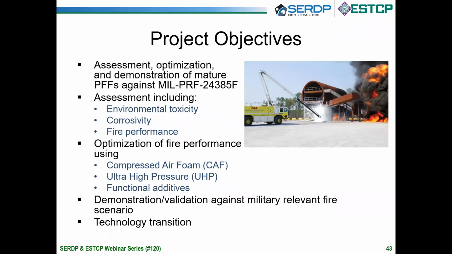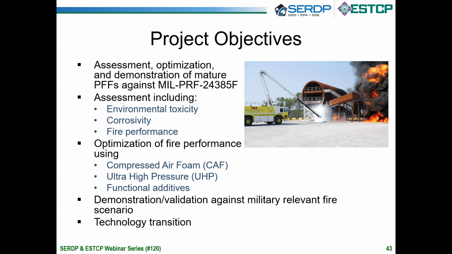So before we can try to improve performance, we must understand how the products we're trying to test fall short of the requirements, in this case, the mill spec. So that's the assessment phase. And then once we understand where we need to focus for improving performance, then we need to optimize the technologies that we are proposing to improve the performance, and finally to demonstrate it at a scale that's relevant, in this case for us, the Air Force.